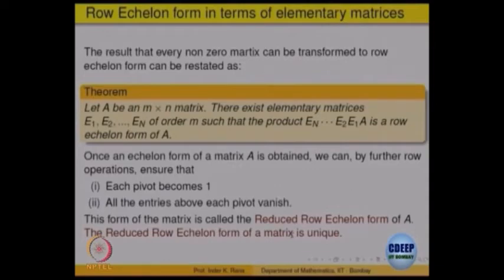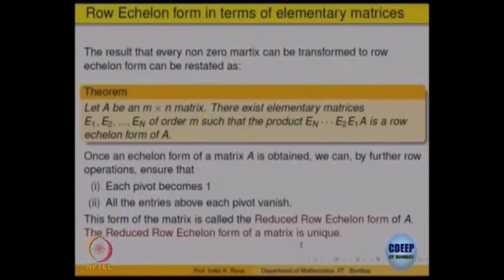For example, if a matrix is in row echelon form and you multiply a row with something, it still remains in the row echelon form, it does not change, right. If you multiply any row by a non-zero scalar, the numbers will change, but the positions and the ordering of the pivots will not change. But the reduced row echelon form of a matrix is always unique.